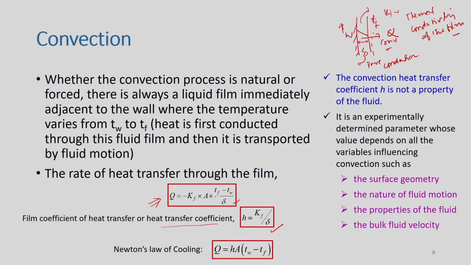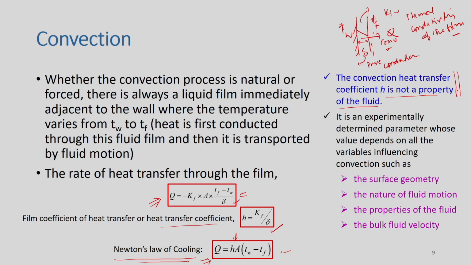So, we can now represent this as Q is equal to h A (Tw minus Tf), which is nothing but Newton's law of cooling. If the heat transfer coefficient is more, it means the rate of heat transfer will be higher. The convection heat transfer coefficient is not a property of the fluid, that we must know.